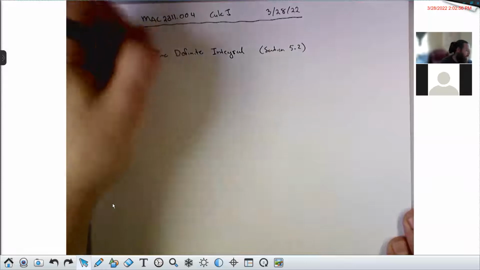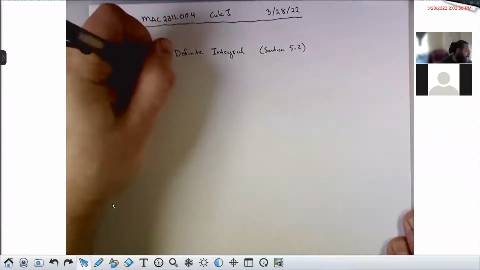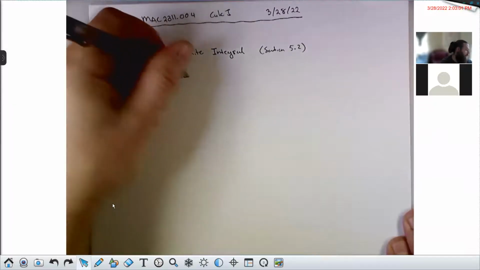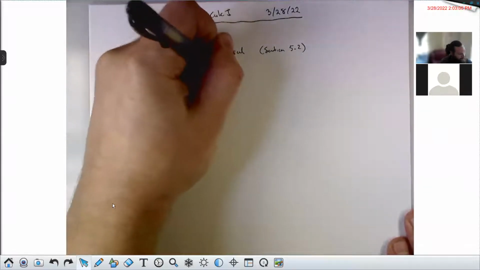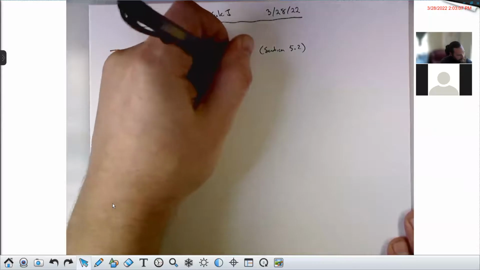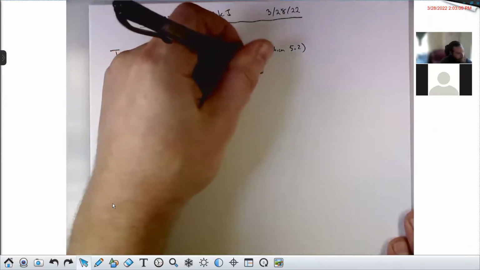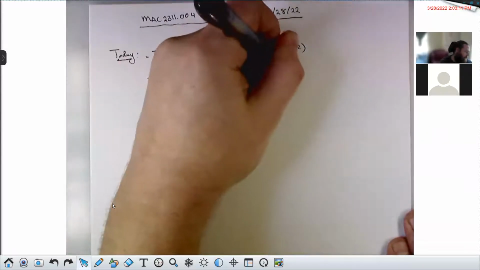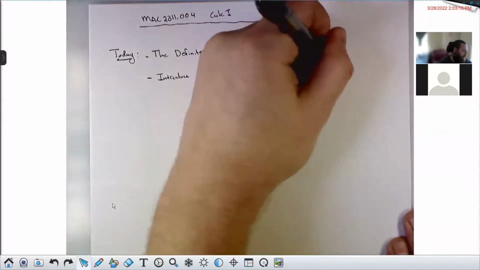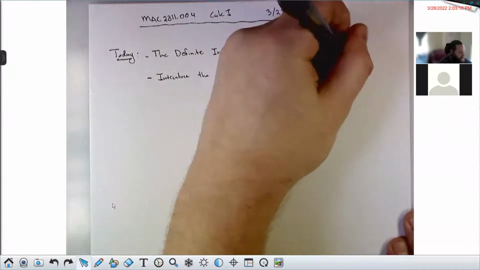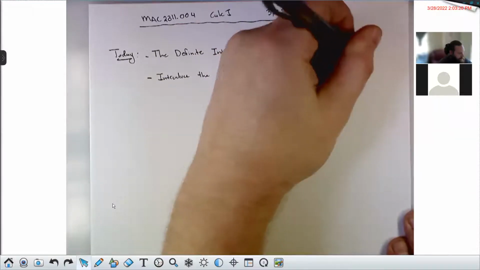And time permitting, we may introduce the fundamental theorems of calculus. There's actually two of them. And this is formally section 5.3.